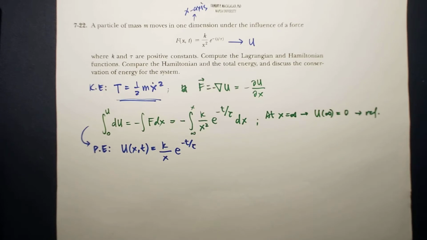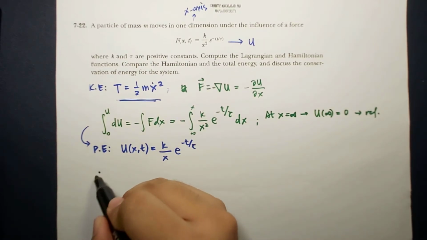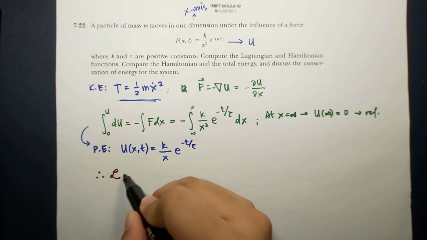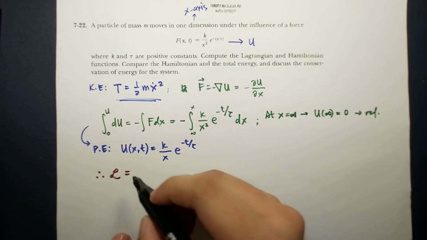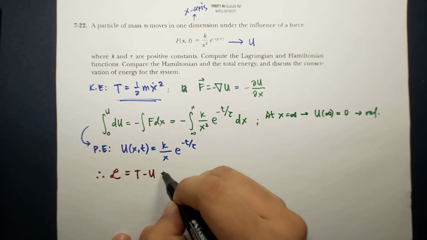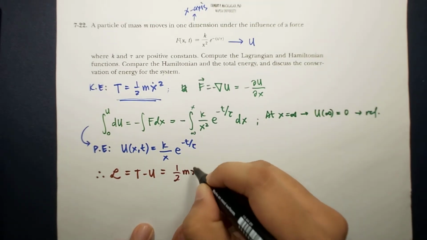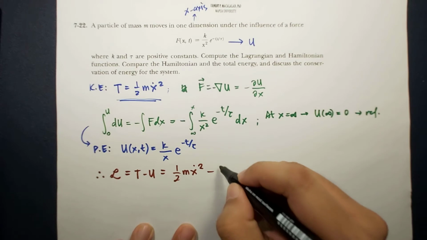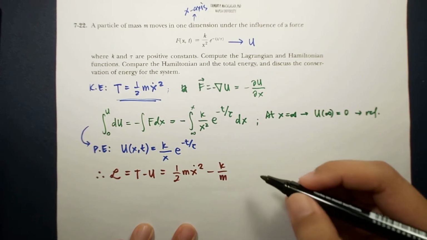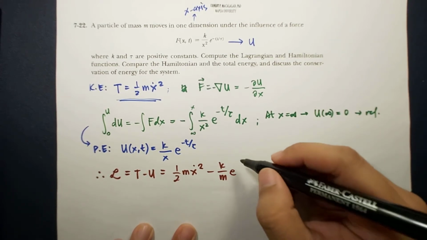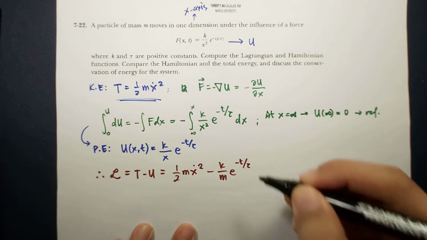So therefore, the Lagrangian can now be written as T minus U, which is equal to 1 half m x dot squared minus k over x e to the negative t over tau.